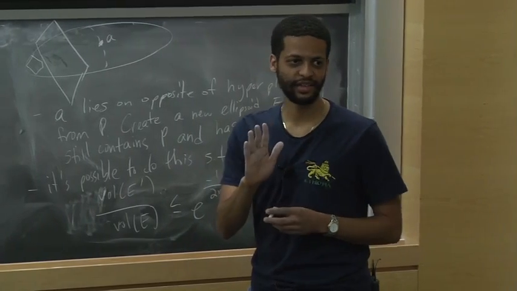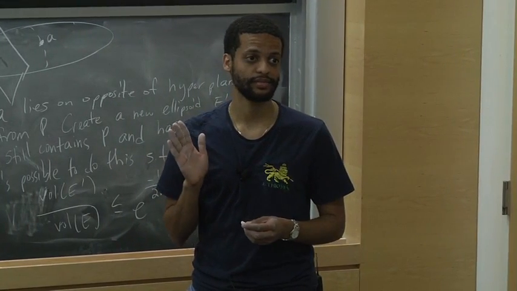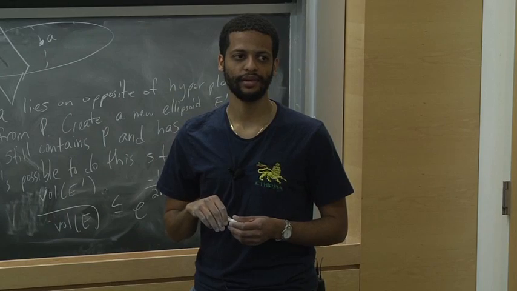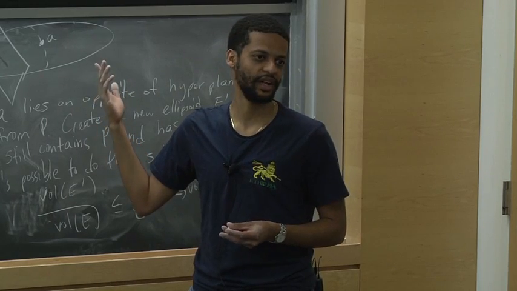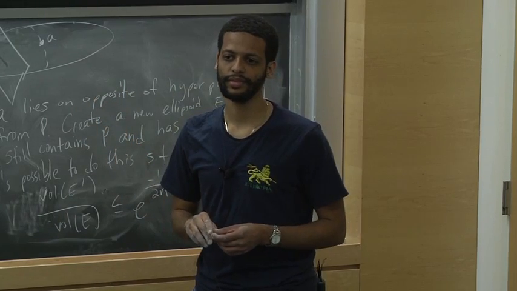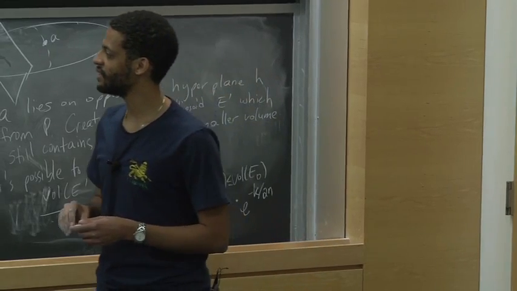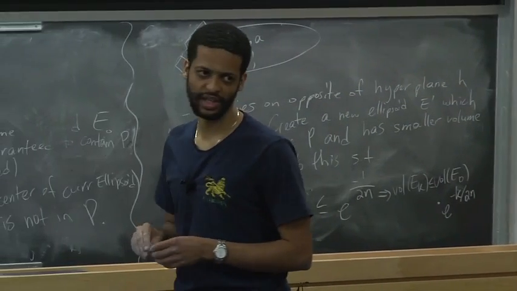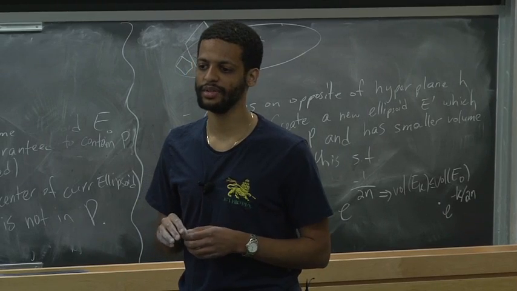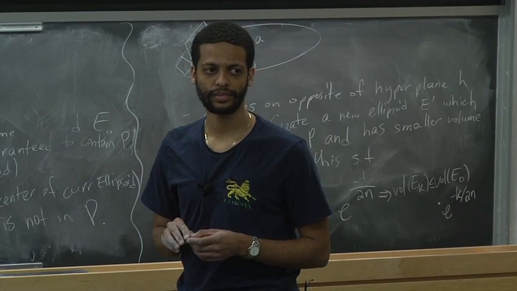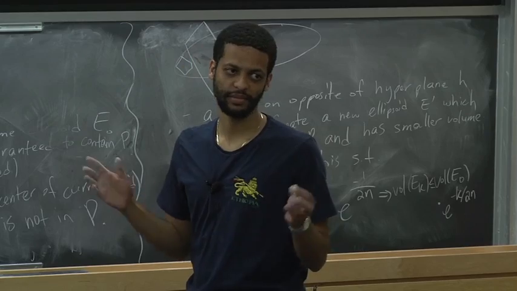But yes, you need at least L iterations. Even the running time of ellipsoid depends on L. So, in fact, there are no strongly polynomial time algorithms for linear programming that we know of.